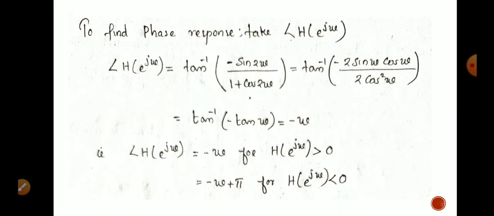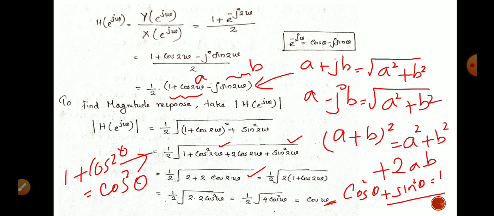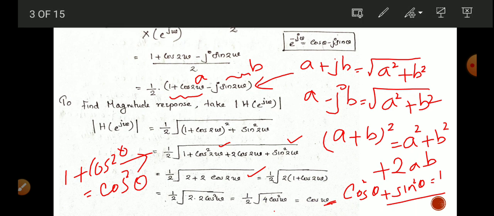Then to find the phase response, take angle H of e raised to j omega. Here to find the phase response we are taking this term H of e raised to j omega. In this, 1 plus cos 2 omega is a and sin 2 omega is b.